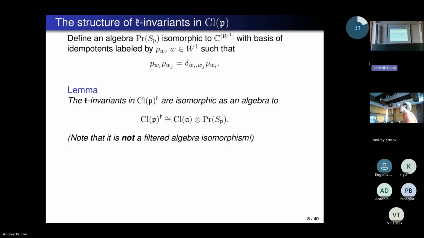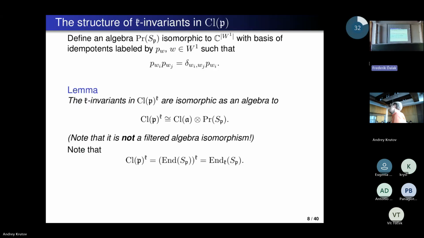Then you can prove, and I will skip the proof, that we have this isomorphism. So we have the K-invariants in the Clifford algebra of the isotropic representation is isomorphic, but not as Clifford algebras, this is just an isomorphism of abstract algebras, to the Clifford algebra of A, remember, that part of the Cartan subalgebra that lives in P. And it's an algebra of projections.